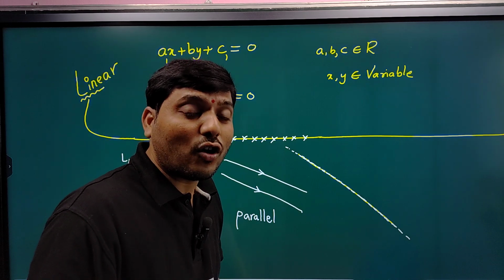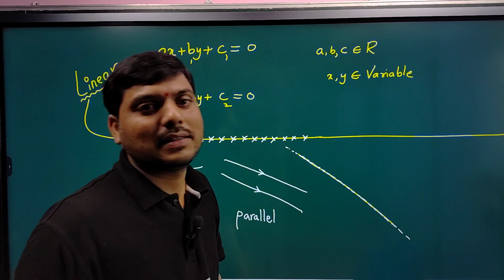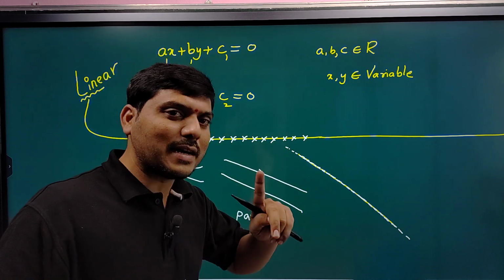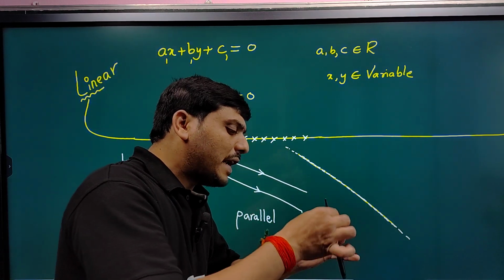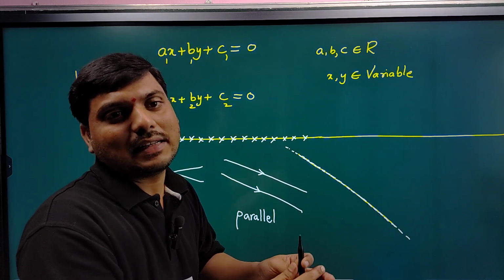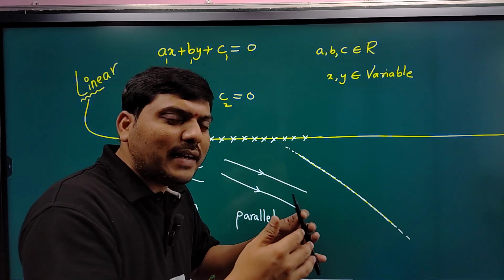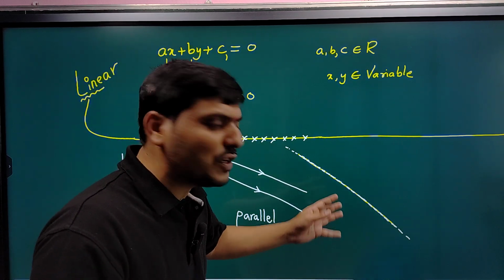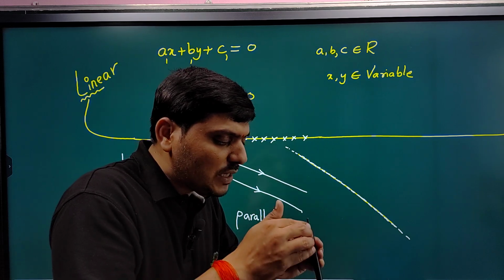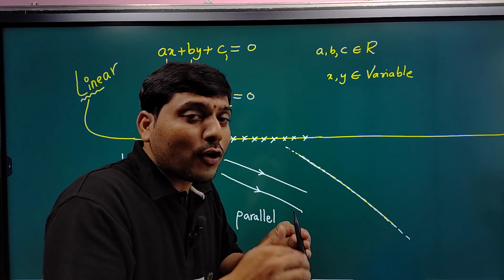These two lines are called coincident lines. Actually, there is only one line, but one lies on top of the other, coincident to each other. So these lines are called coincident lines. How many intersecting points are there in this situation, students? These two lines are coincident, so the two lines have infinitely many common points.